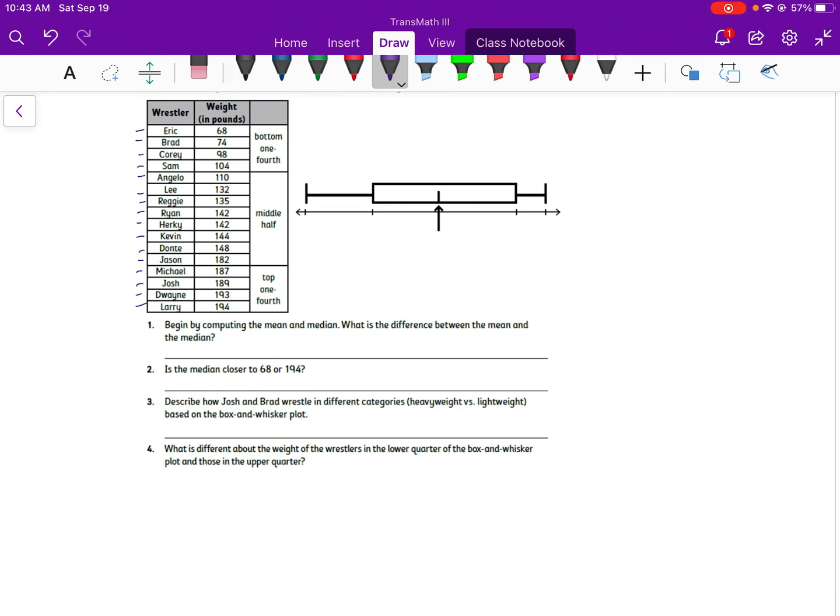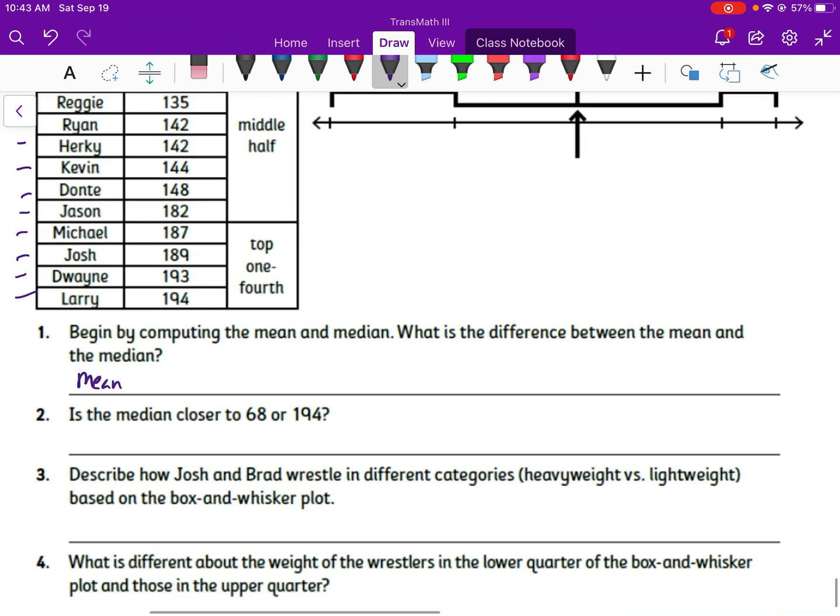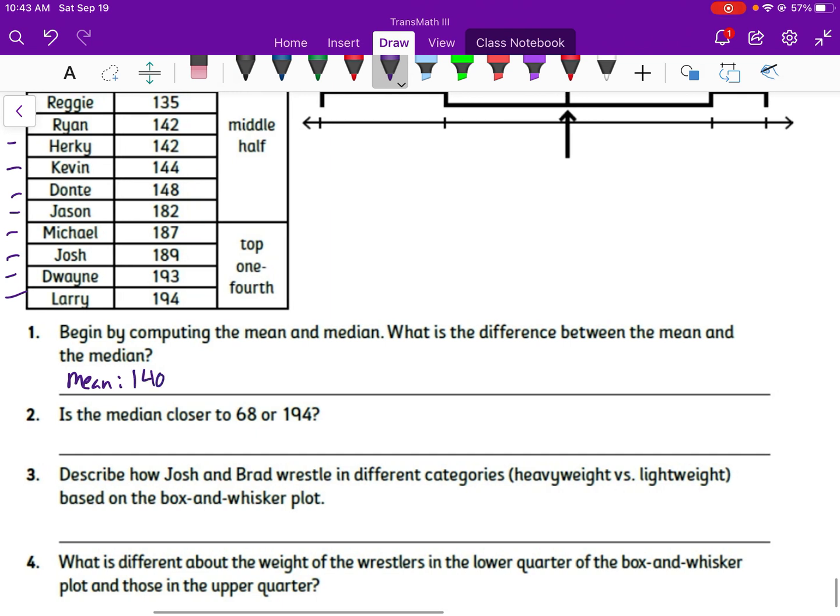So adding those values up and dividing by 16, when we do that, we should get a mean of 140.125.